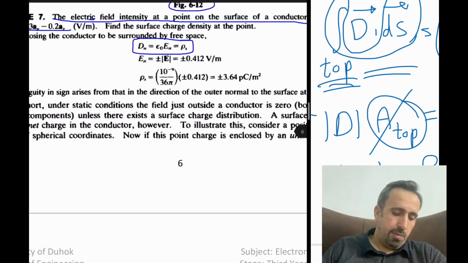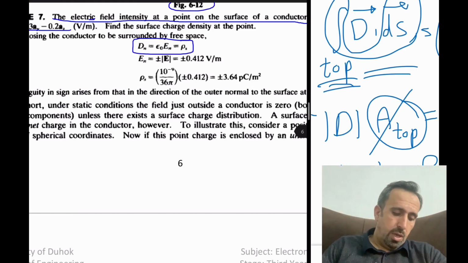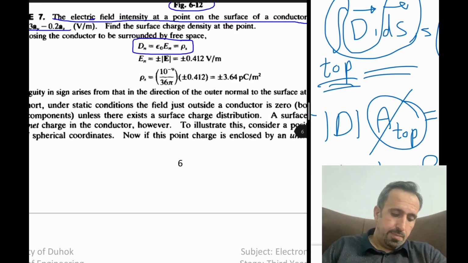So from electric field, you multiply it by epsilon naught. Why epsilon naught? Because nothing mentioned about any type of conductor other than the free space or air. So epsilon naught multiplied with En equal to Dn. This will be deciding the amount of rho S.